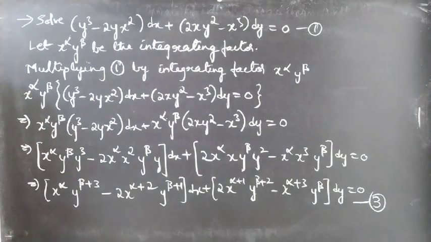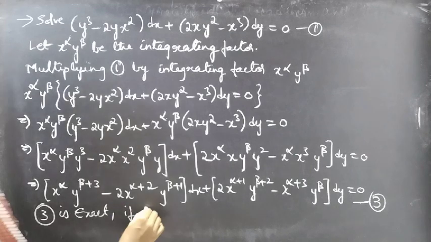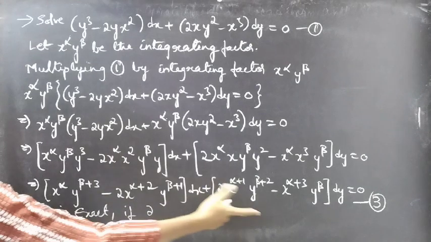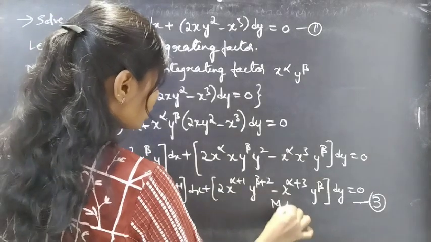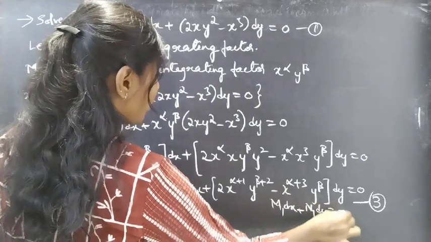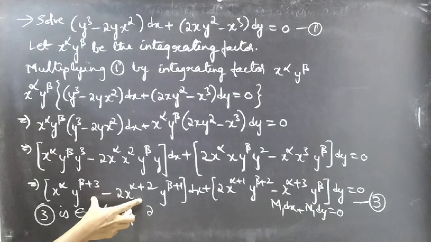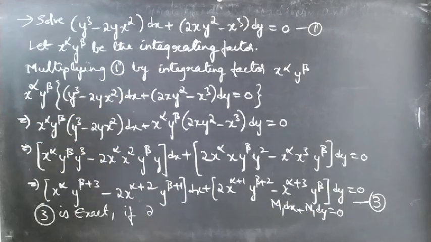Okay. Equation 3 is exact if you consider it as M dx + N dy = 0, say, or M1 dx + N1 dy = 0, where M1 is the coefficient of dx and N1 is the coefficient of dy.